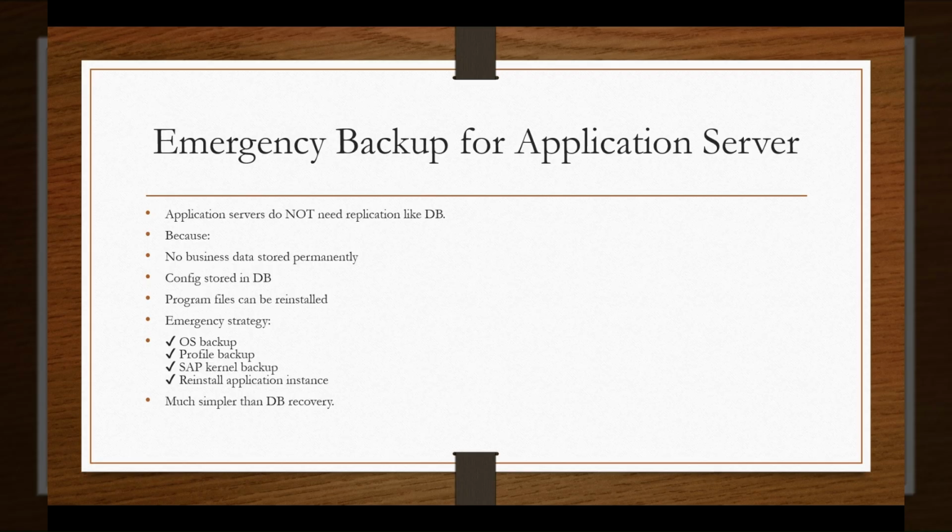If we have multiple hosts and one of them goes down, the load of that host will be automatically distributed between the remaining hosts. In case the central instance, that is ASCS, fails, there also we need something special. There is something called ERS that we'll discuss later, but that kind of backup mechanism is required.